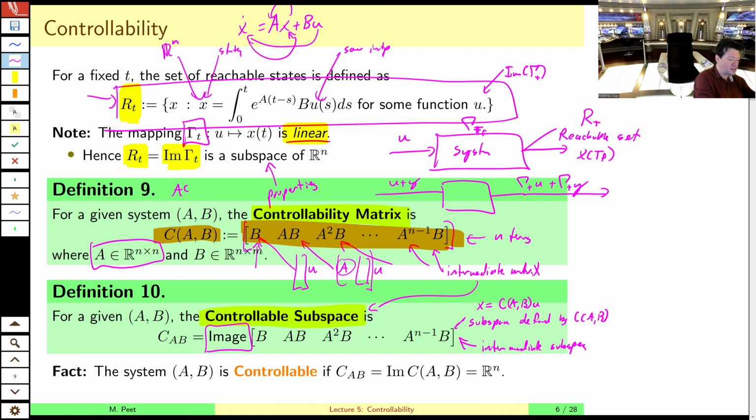But MATLAB can find the image of a matrix, so we're on more solid ground dealing with this. We can figure this out.